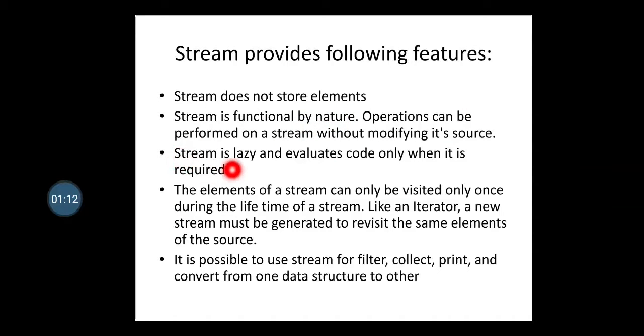In general, stream is called lazy because it evaluates the code only when it is required. The elements of a stream can be visited only once during the lifetime of a stream. Like an iterator, a new stream must be generated to revisit the elements of the source.